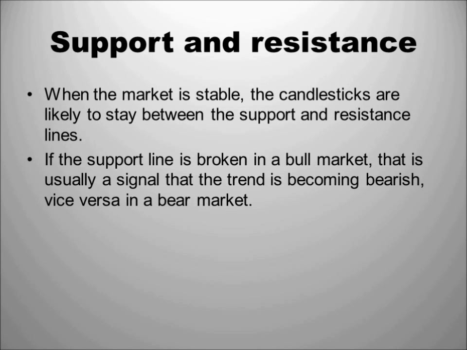Now, if the support line is broken in a bull market, that also signals that a trend may be reversing and the bull market will become a bear market. And vice versa, when the line of resistance is broken in a bear market, that means that the trend might reverse and we might have a bull market.